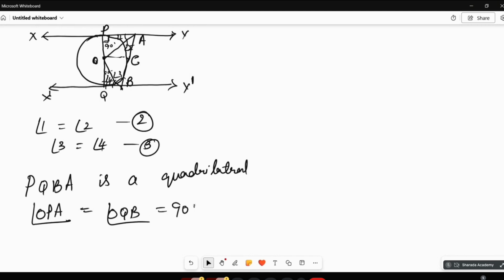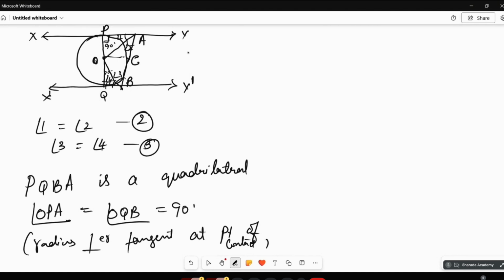What is the reason? Radius and tangent, they are always at 90 degree at the point of contact. So OPA and OQB are equal to 90 degree. Reason: the radius is perpendicular to the tangent at the point of contact.